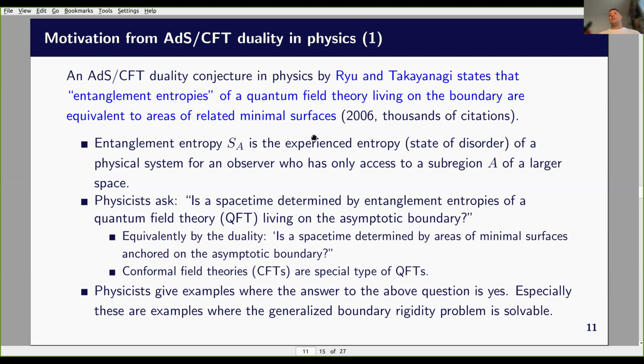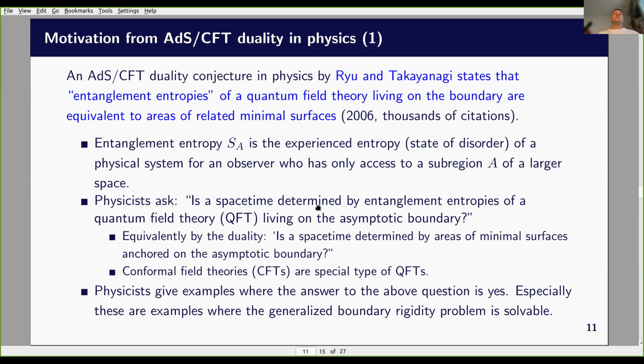Is a spacetime determined by areas of minimal surfaces which are anchored to the asymptotic boundary, to the asymptotic infinity? You understand that this is now exactly the generalized boundary rigidity question. Can you determine a manifold from the areas of minimal surfaces? So what is the CFT in AdS/CFT? CFT is a conformal field theory, and that is a special type of quantum field theory.